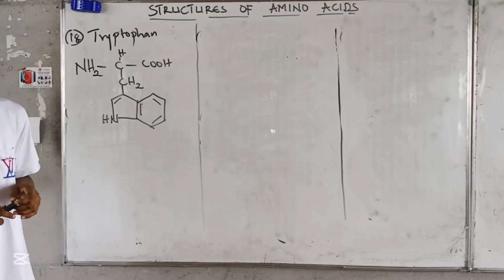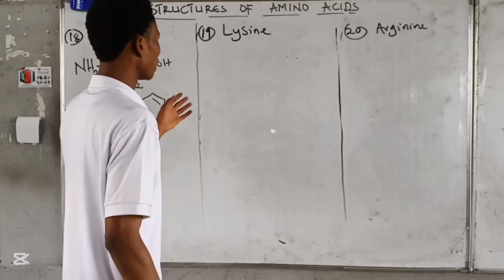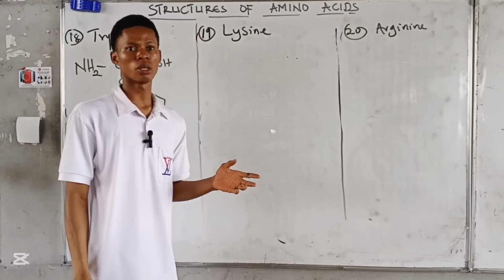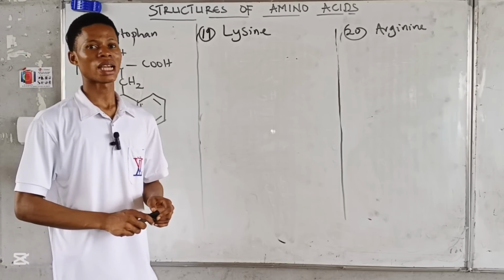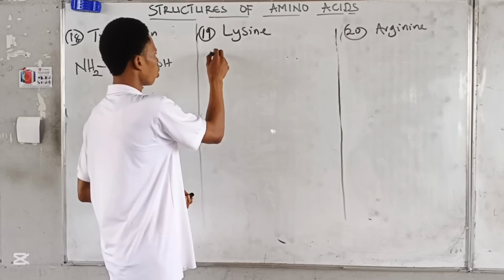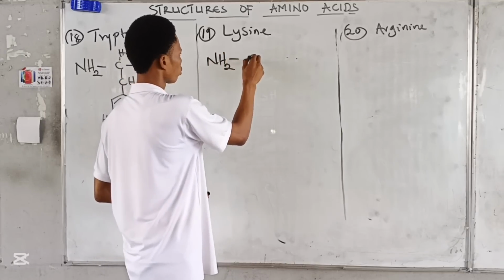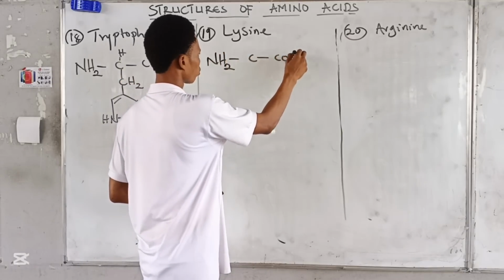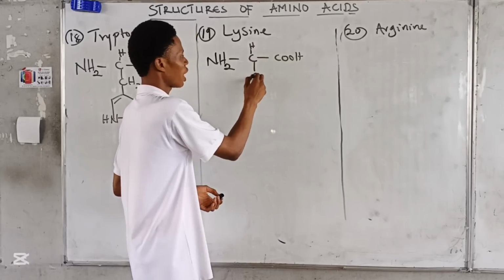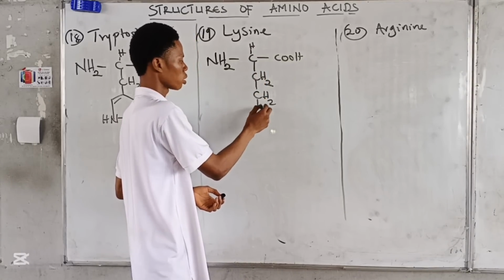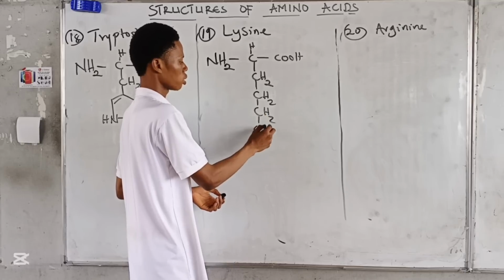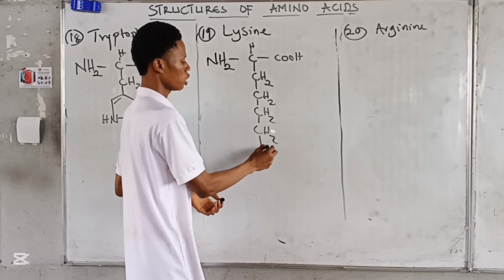Draw this, we'll draw lysine. Lysine is easy. Now, number 19 and number 20, let's draw them. Number 19 is lysine. To draw lysine, you draw your alanine. Lysine has 4 of these, then amino group.